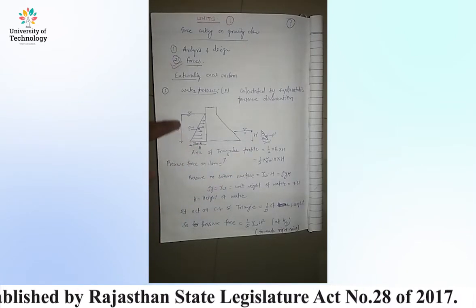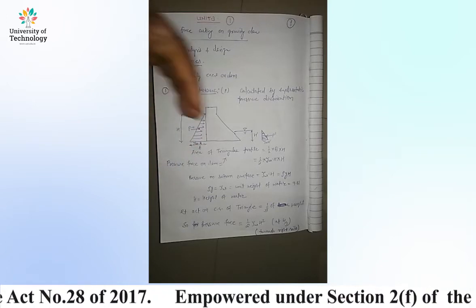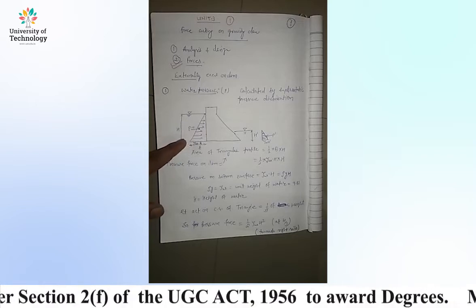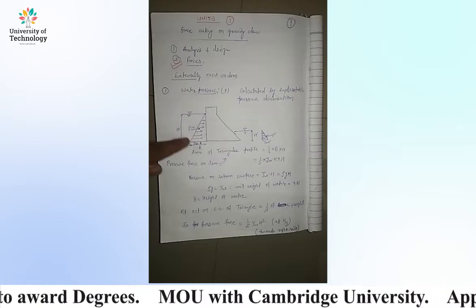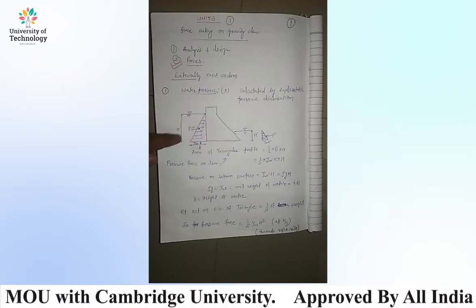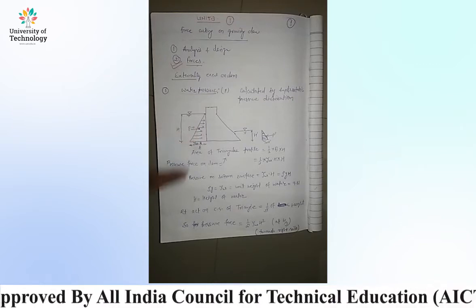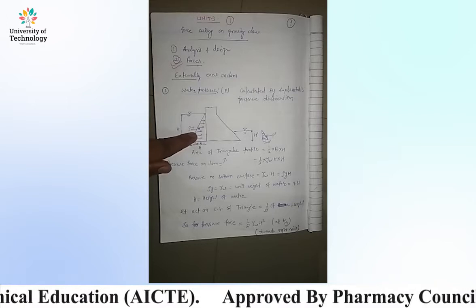As you know, the pressure acting on this dam towards the upstream and downstream sides is in a triangular profile, and the area of this triangle gives the pressure force on the dam. What will be the area of this particular triangle?